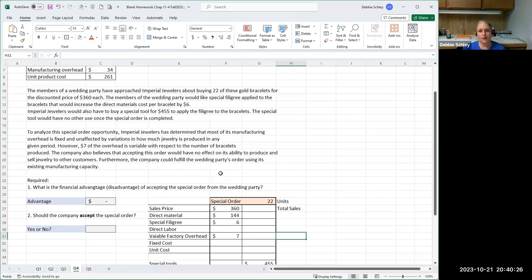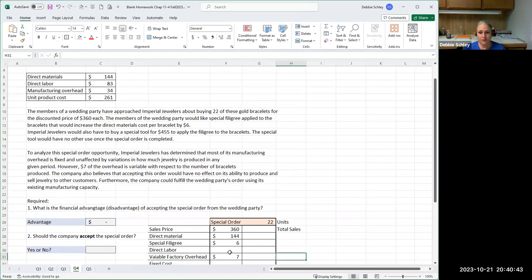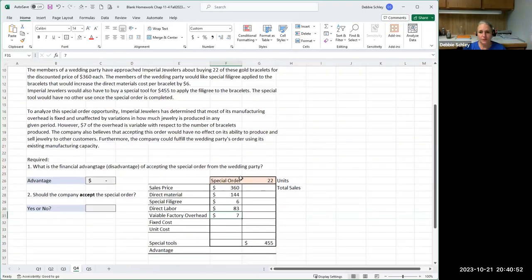And so all we have to take into consideration is if this special order will still make us money. So they want to know, what is the financial advantage or disadvantage of accepting the special order from the wedding party? So the only thing I am missing from here is my direct labor, because everything else I filled in as I read that paragraph, so I wouldn't lose the numbers.